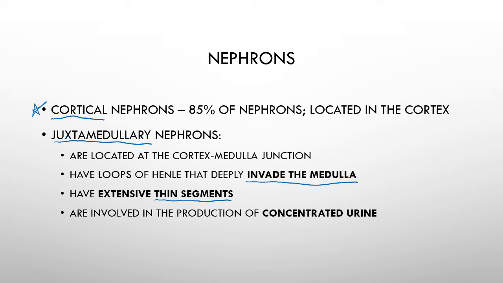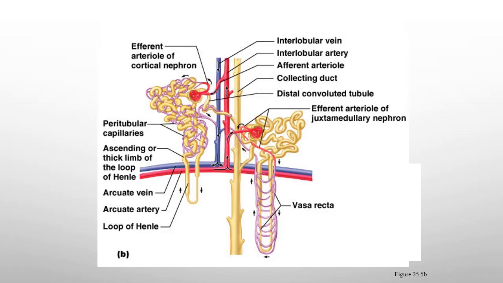So we have more cortical nephrons than we have of our juxtamedullary, and that's essentially because we're well hydrated. We don't have to create such concentrated urine all the time. And so the long juxtamedullary nephron, the relatively short cortical nephron, as we see them there.